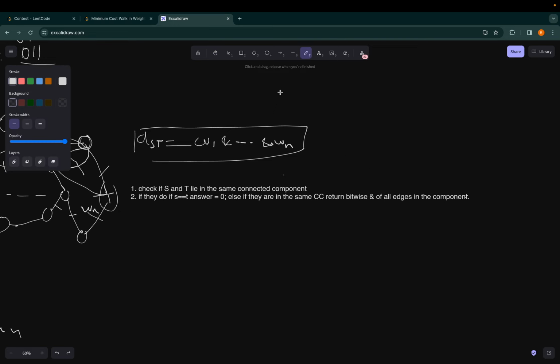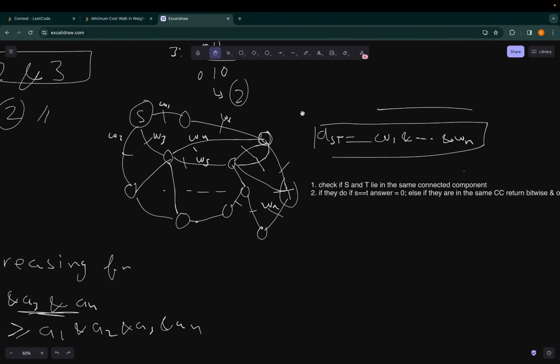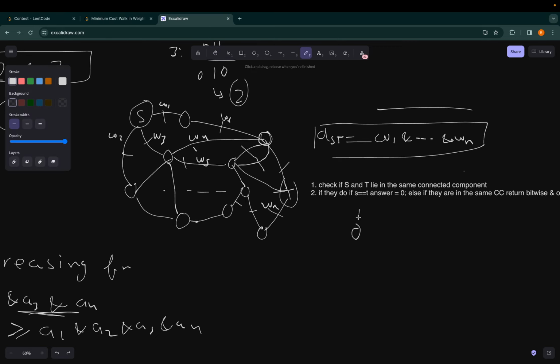So how do you calculate the bitwise AND of all the edges? Basically, if you notice, we will just do a BFS, that is a breadth first search. When you start from a particular node, the breadth first search will always discover the nodes that are connected to that node, and then it will go to each of these nodes, right?